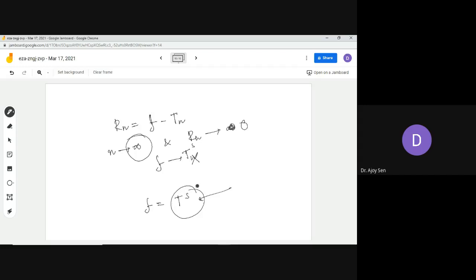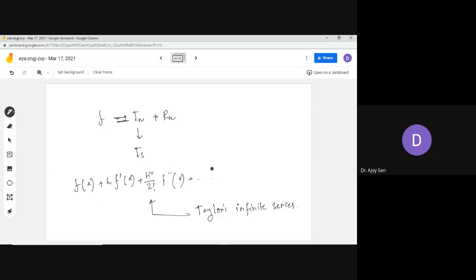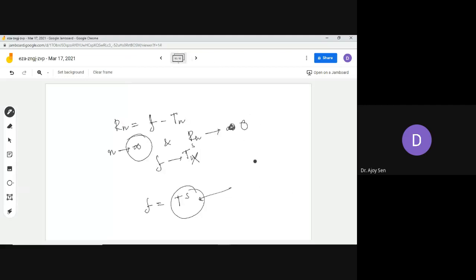I am telling you again that this TS is nothing but this series. This is the Taylor series of the function f. It may be the case that f is not equal to its Taylor series itself.